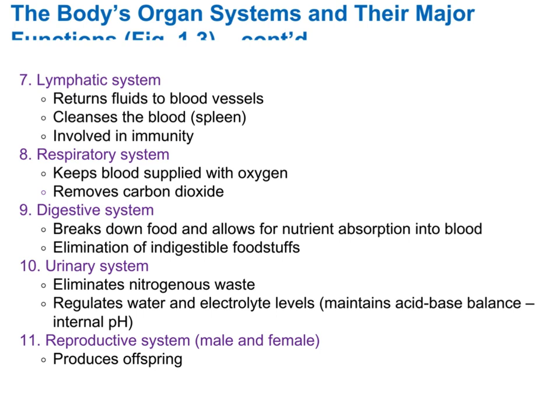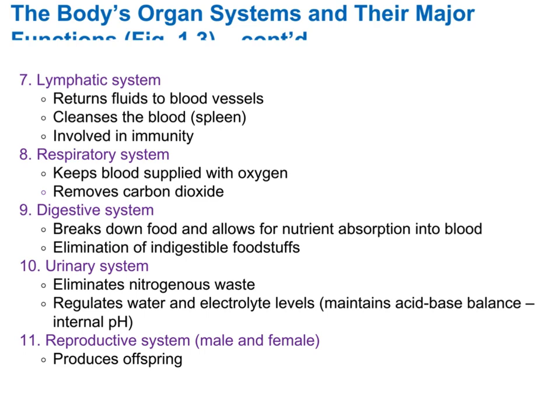The digestive system we've talked about a little bit already, but really as a process, the digestive system helps carry out the process of digestion. It allows us to break down food and allows for nutrient absorption in the blood and elimination of indigestible foodstuffs. There's a whole chapter about it in your textbook, so more to come as you move through Anatomy and Physiology 1, then 2. And the urinary system eliminates nitrogenous waste, like urea.